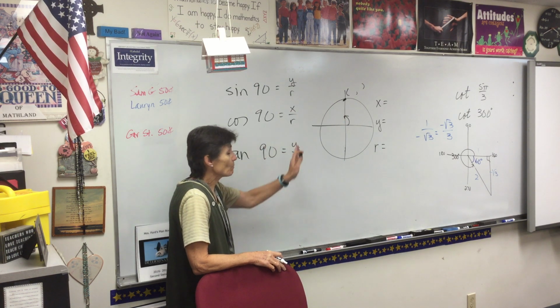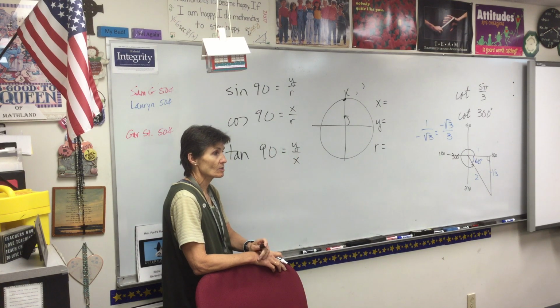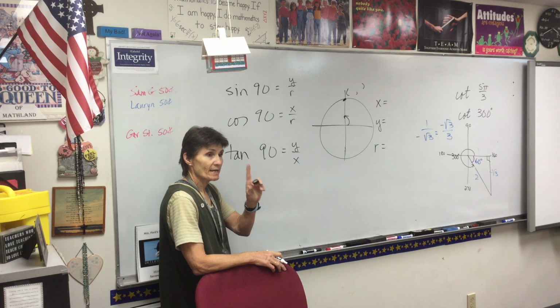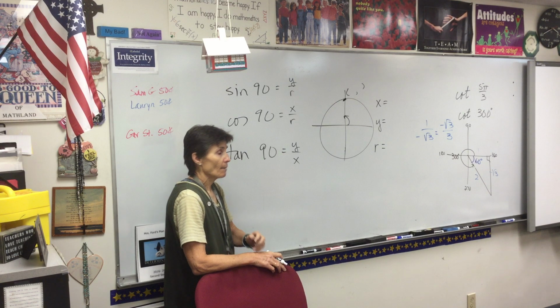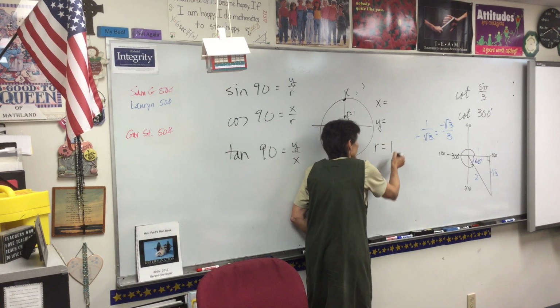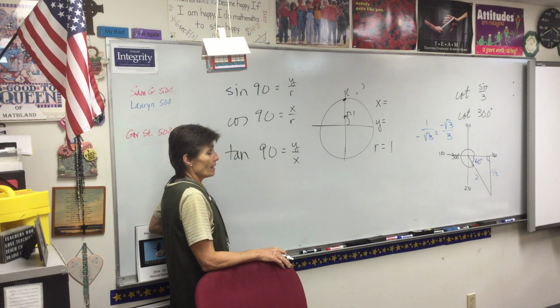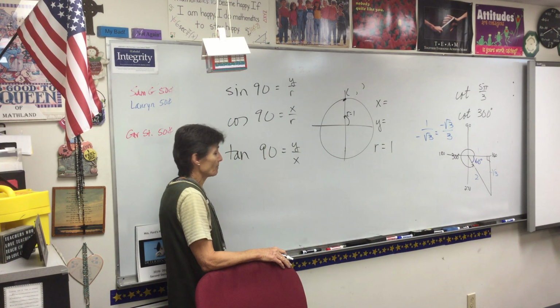Now, I have no numbers in this problem. I have no idea what any of those things are. So I'm going to make it up. I'm going to let the radius of that circle be 1. This is called the unit circle, and people who work with trigonometry love the unit circle.